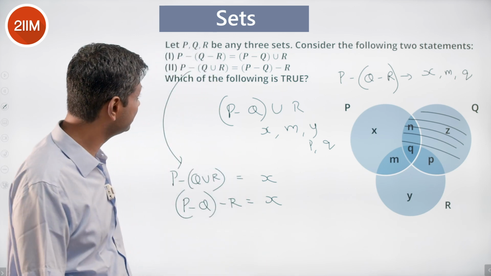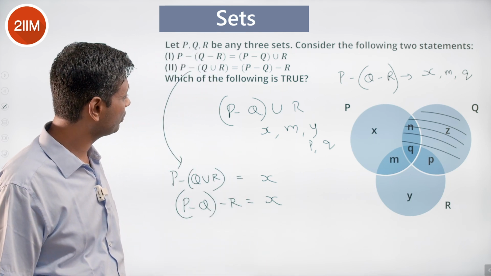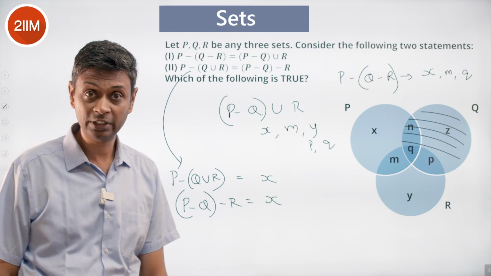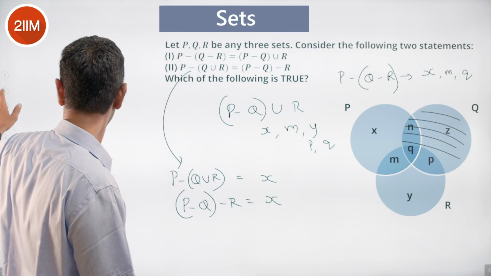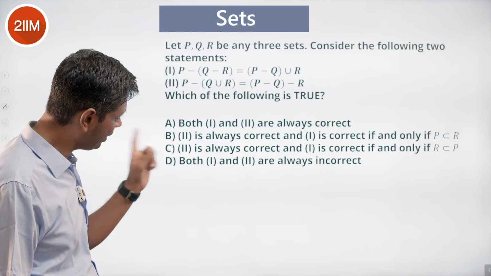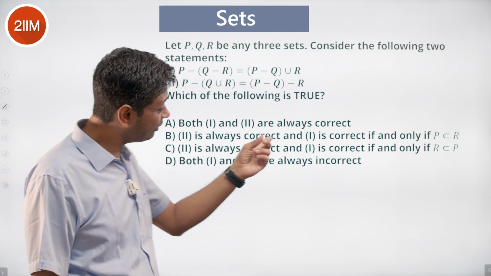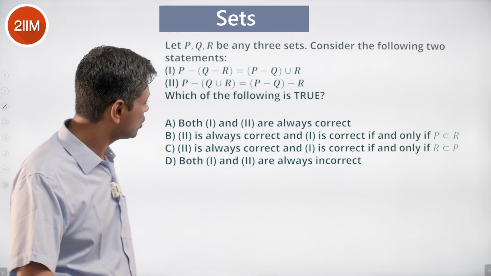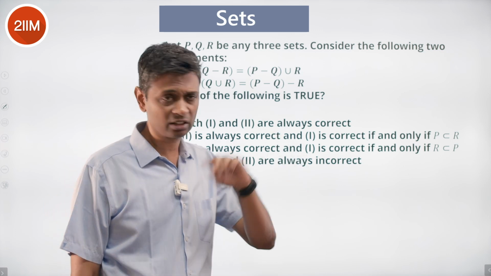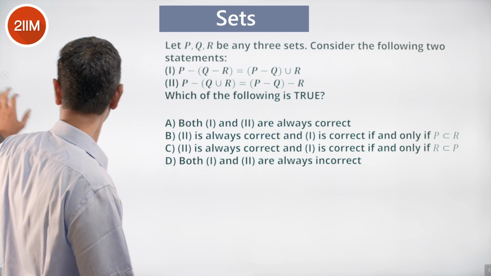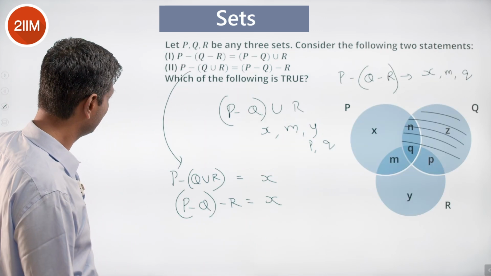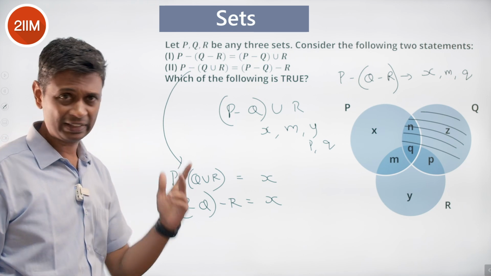First statement not true. X, M and Q, X, M, Y, P, Q. But funny thing here is choices say 2 is always correct, and 1 is correct if and only if P is a subset of R, or 1 is correct if and only if R is a subset of P. So let's look at this. I want to verify that.